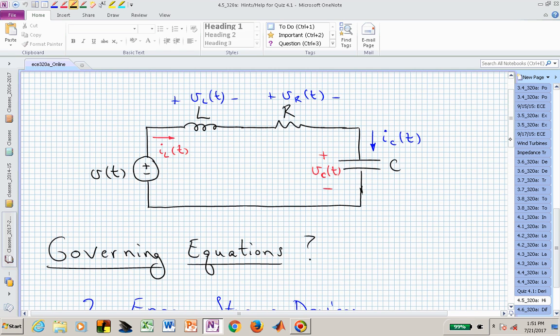One thing that we can start to think about when you're confronted with finding differential equations or governing equations of RLC circuits is to just inspect the circuit itself and try to find how many energy storage elements are in the circuit. We know that the inductor stores energy in its magnetic field. We know the capacitor stores energy in its electric field. The resistor doesn't store any energy.